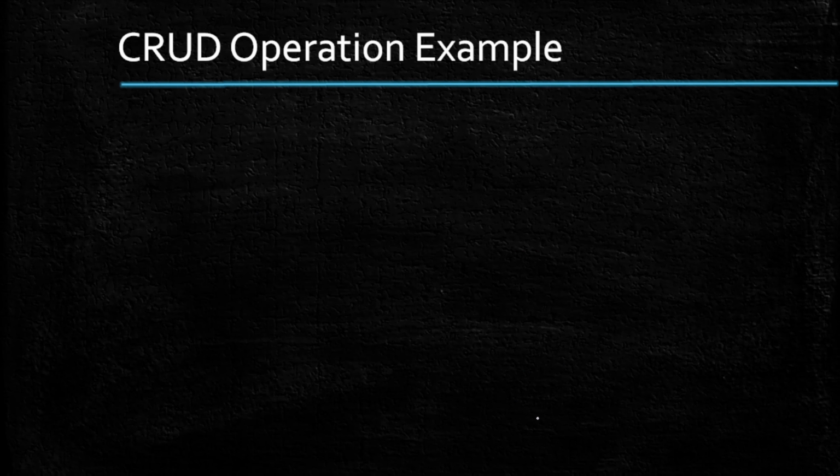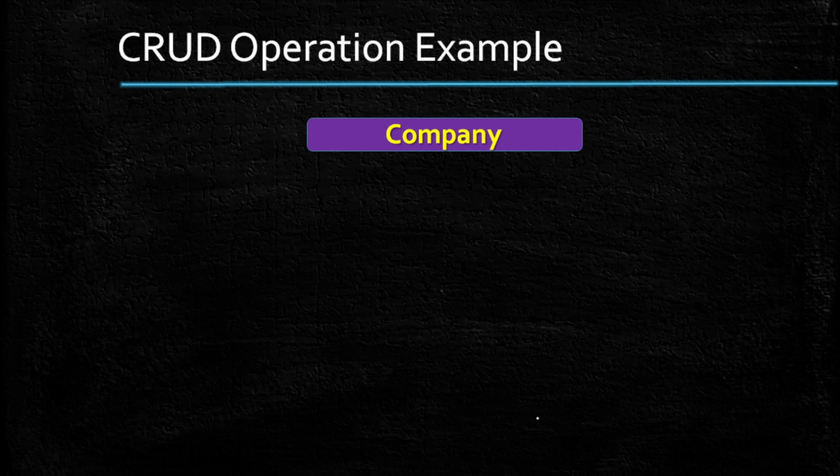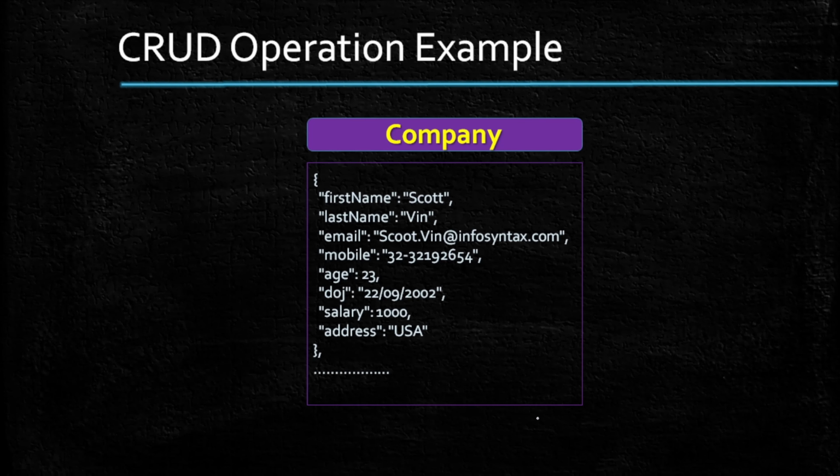You have understood CRUD operations. We will understand this with one example. In this example, I have one company database. In that database, I have one employee collection. The collection has some documents. In this collection, I have records such as last name, email, date of joining, salary and address. So when a new employee joins our company, we will insert his or her record in our employee collection.